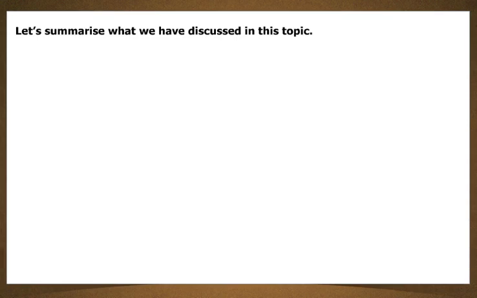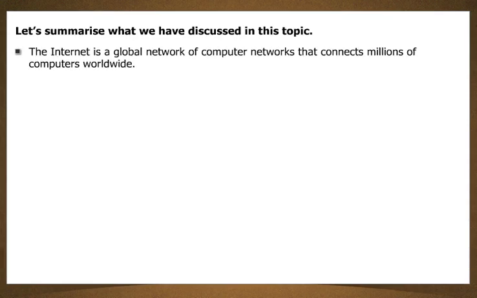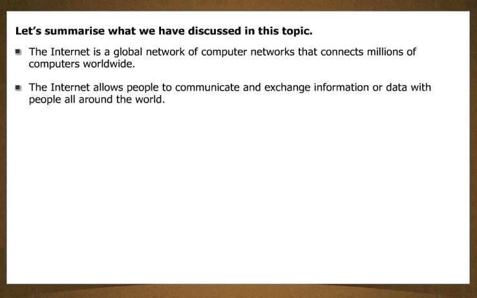Let's summarize what we have discussed in this topic. The Internet is a global network of computer networks that connects millions of computers worldwide. The Internet allows people to communicate and exchange information or data with people all around the world.